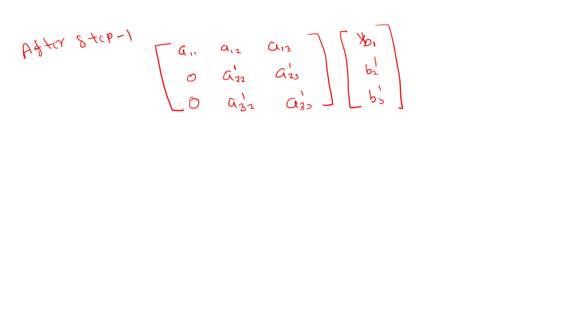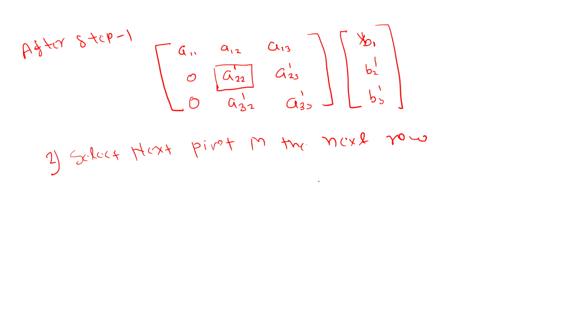Now here also it might so happen that this diagonal element which we are going to select for the next step, that is the second step, select next pivot in the next row. So here the pivot becomes A22 prime.